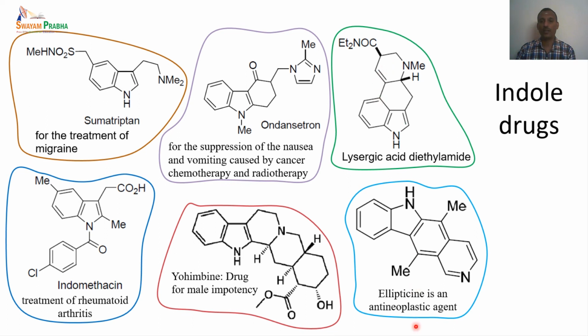Ellipticine is an anti-neoplastic agent. This also has the indole moiety. Yohimbine is a drug for male impotency. This has this particular indole moiety. And indomethacin is used for the treatment of rheumatoid arthritis. So there are various indole drugs which are used for the treatment of various diseases.